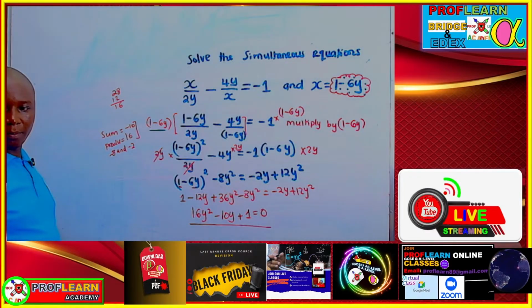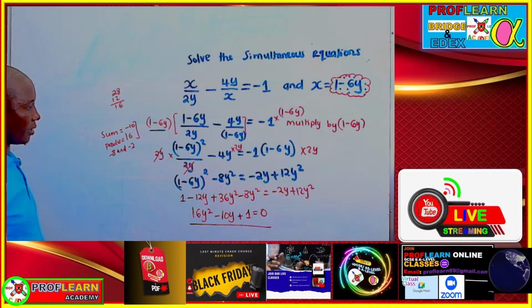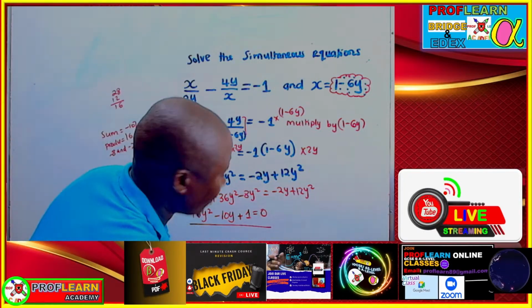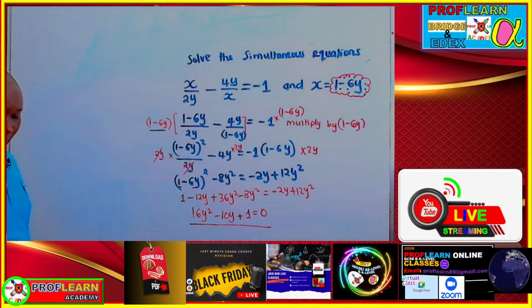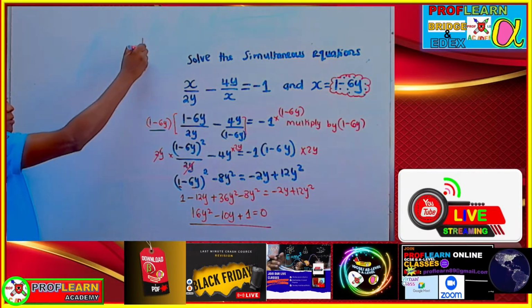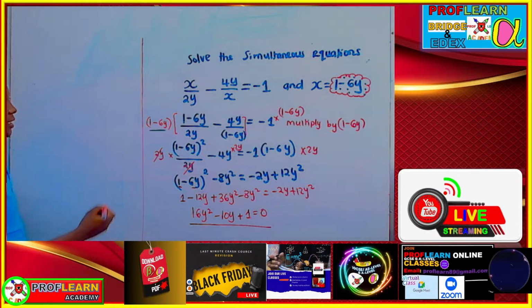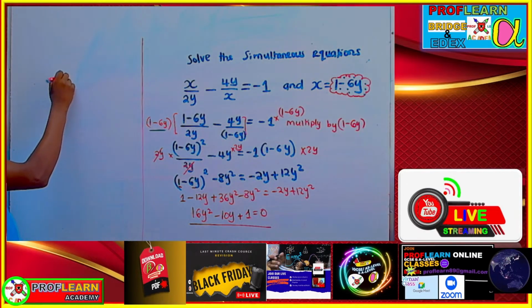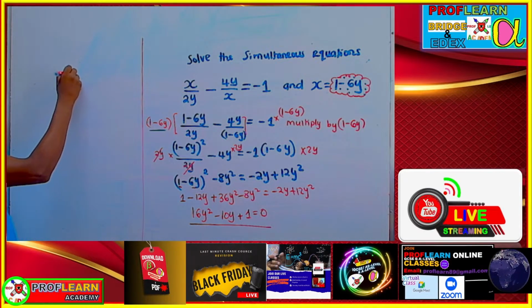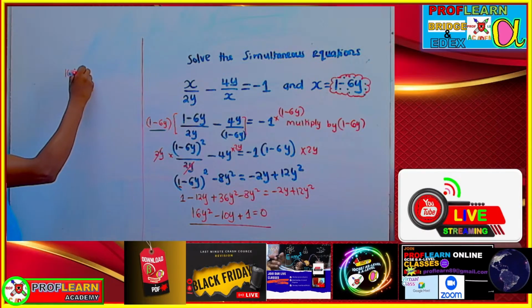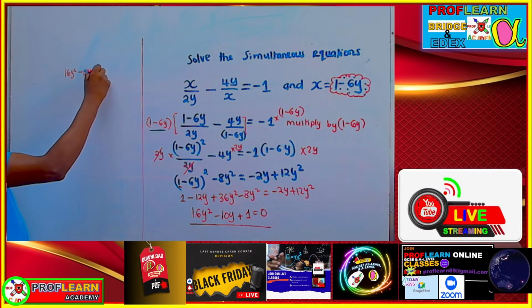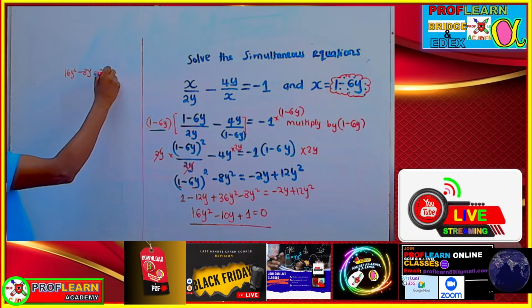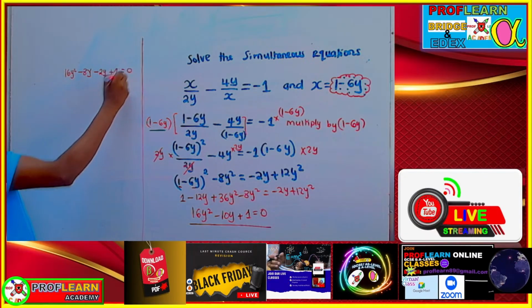Yeah, you can use that. So this expression now is going to reduce to what? Let's see. If we factorize that, we are going to have this as 16y squared minus 8y minus 2y then plus 1 is equal to 0.